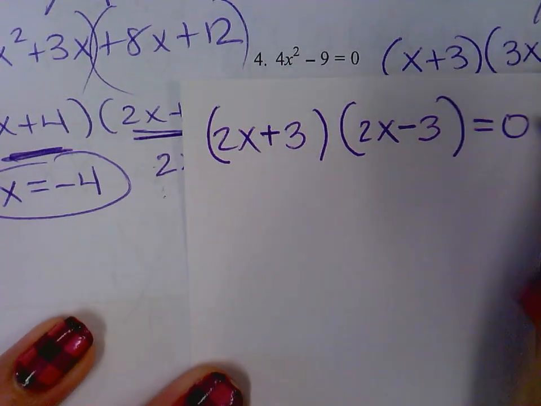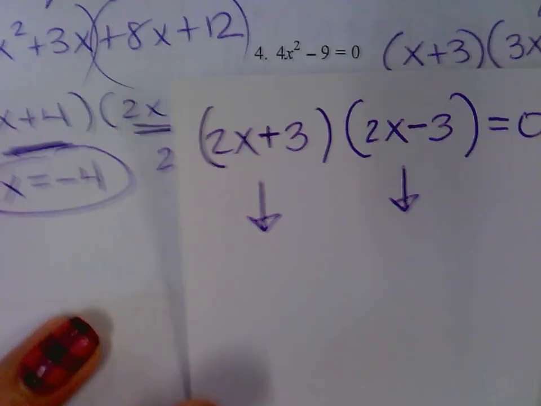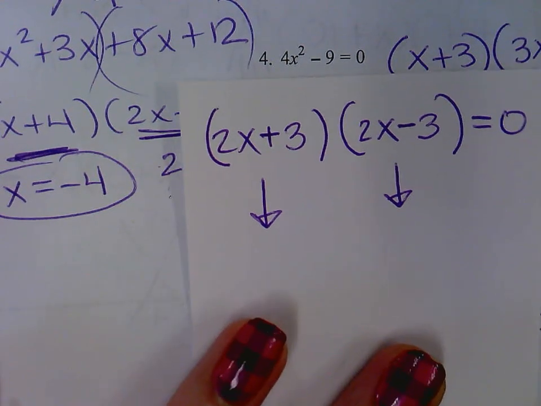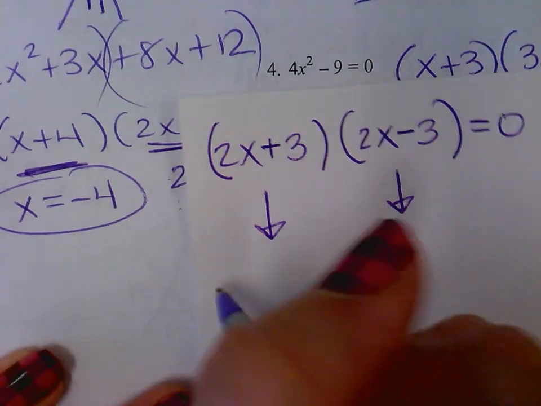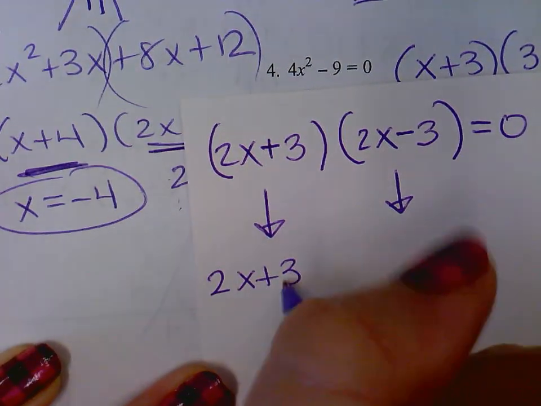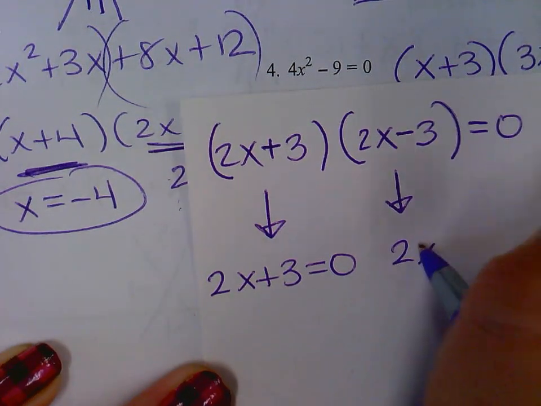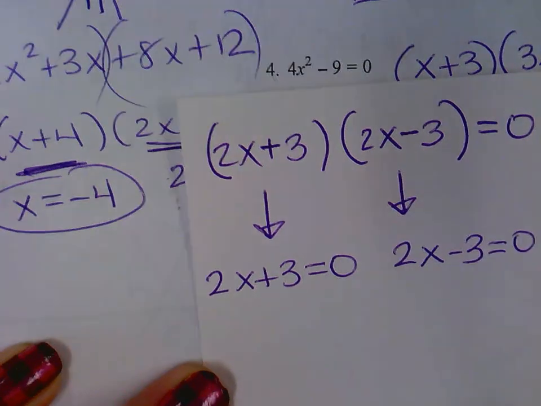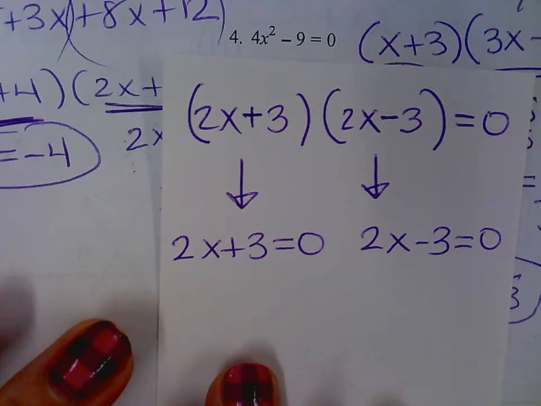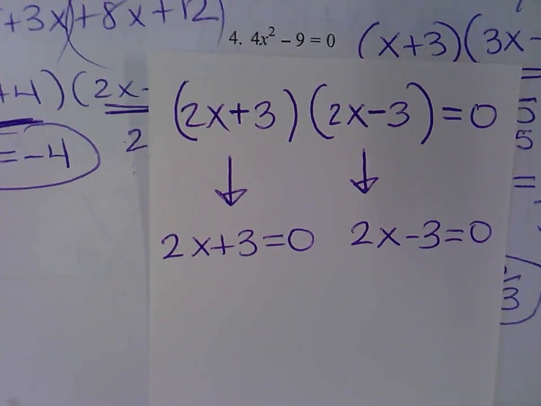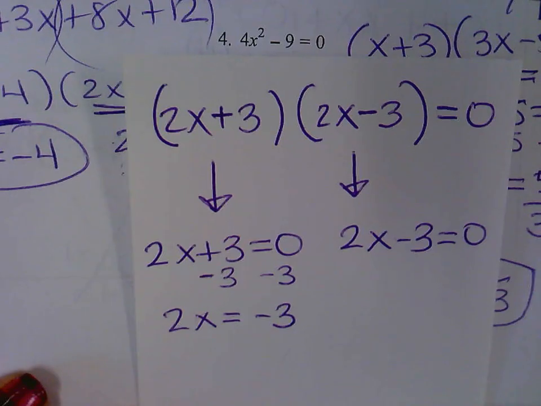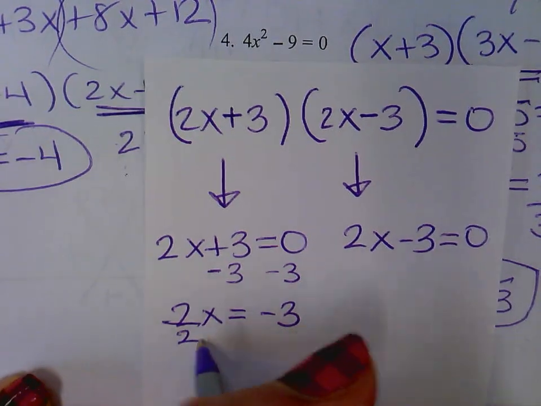See if you can solve for the 2 solutions to that. What does x have to be? You probably have to write out the equation. What will make 2x plus 3 equal 0? What will make 2x minus 3 equal 0? See if you can come up with your 2 solutions. Divide by 2.